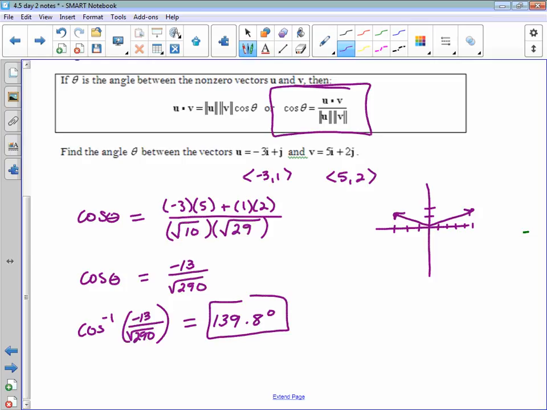I think you're thinking of find the magnitude and the angle of the vector, which is different. That's not what we're doing. Okay. All right. Any questions on finding the angle between two vectors? Okay. All right.